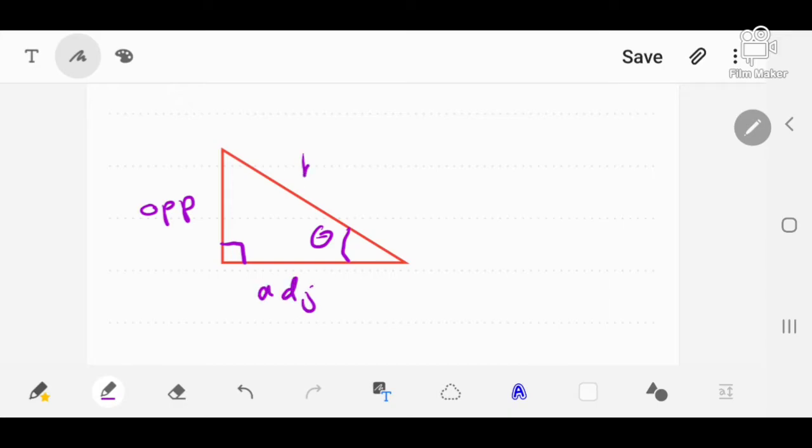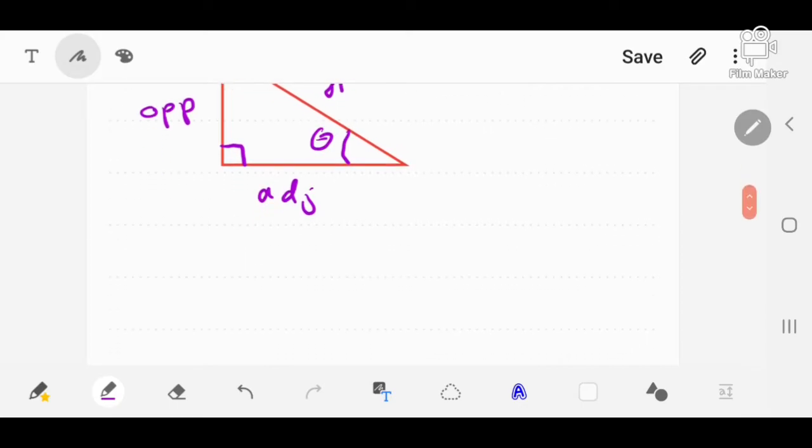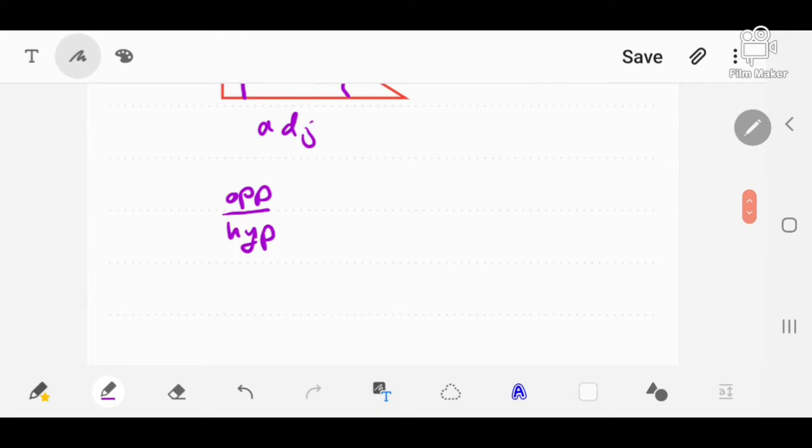The ratio between the opposite to the hypotenuse will always be the same for the same angle: 30, 60, 50, 10 degrees, whatever. And the ratio between the hypotenuse over the opposite, of course, will be the same since it's just a reciprocal.